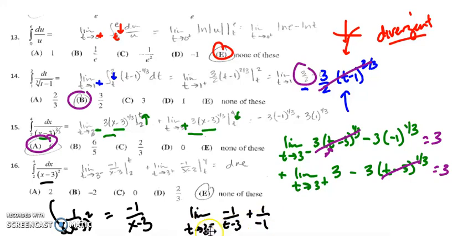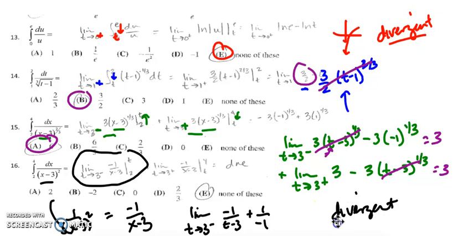Look what happens when I plug in 3 from below. 2.99999999, I get effectively 0 in my denominator, which means the limit here is infinity. And I have one portion of my improper integral where the limit does not exist. Therefore, the entire improper integral has a limit that does not exist. This improper integral is divergent, and the answer is none of these.